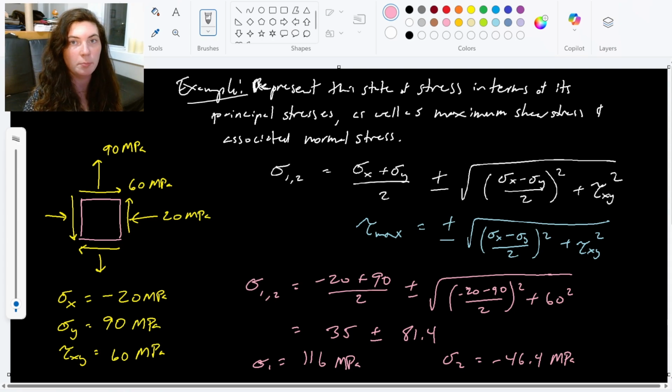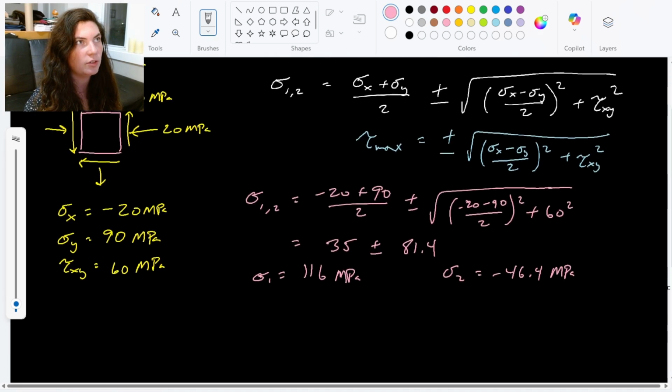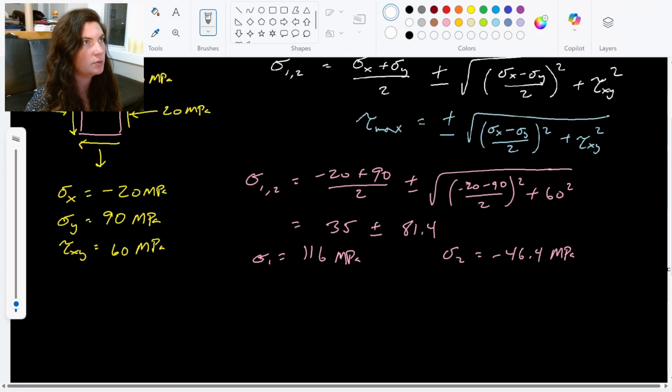But if I wanted to draw the picture for this, I would need the angles, right? We typically want to know what angle these are occurring at. And my equation for those angles, as we talked about on the last page, was tangent of 2 times theta p is that shear stress over sigma x minus sigma y over 2.